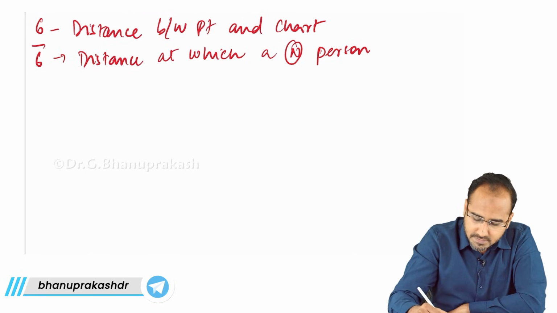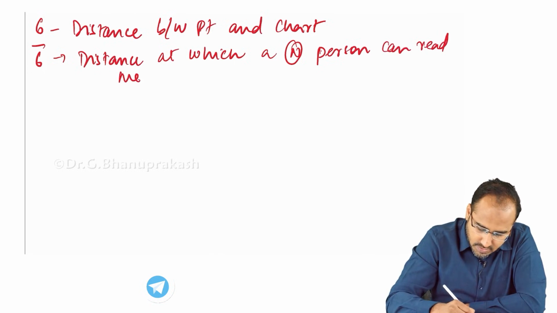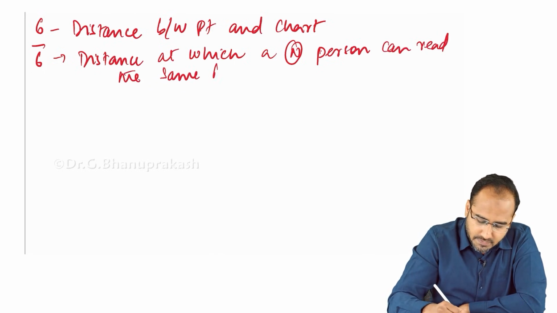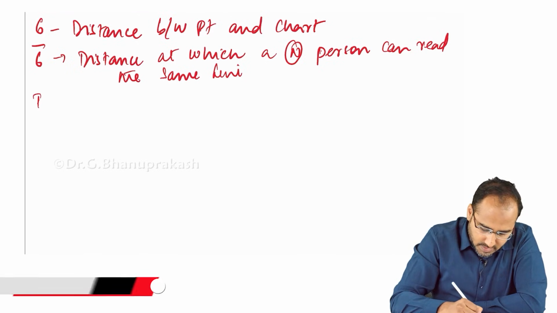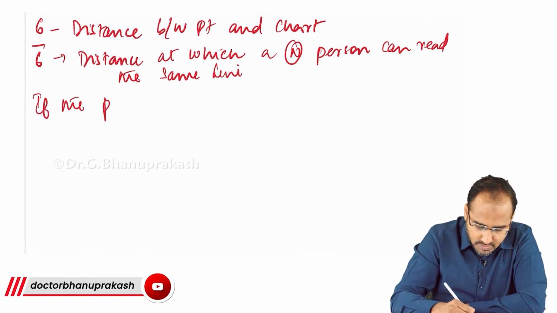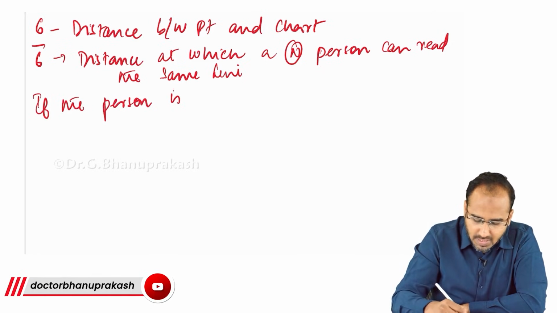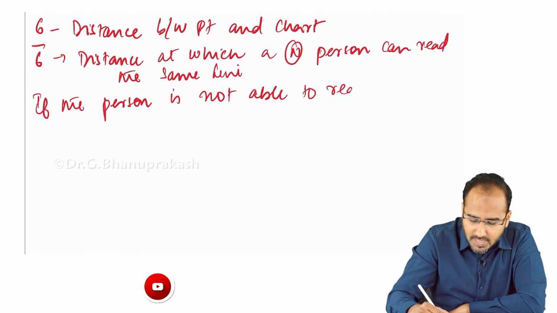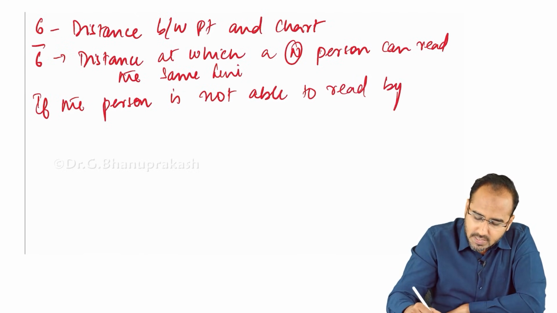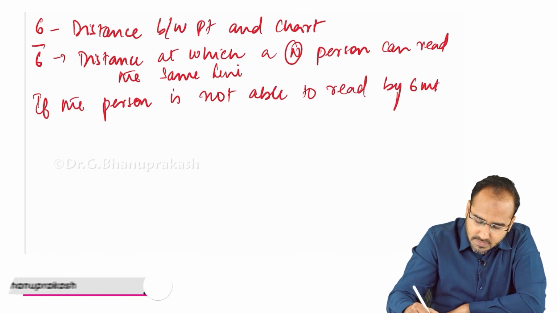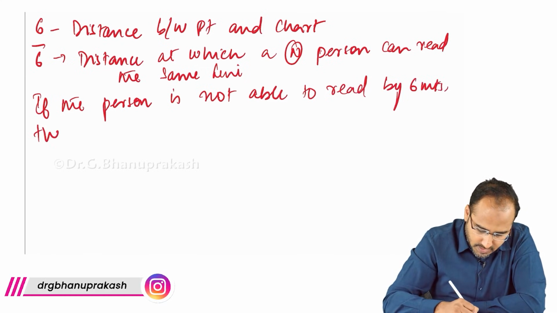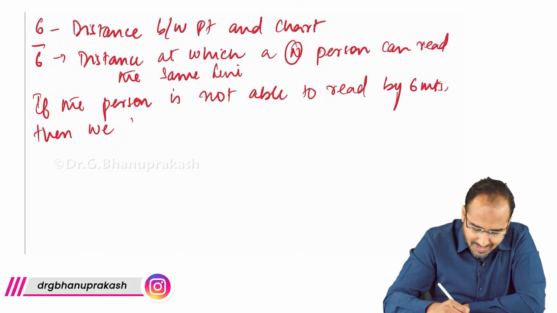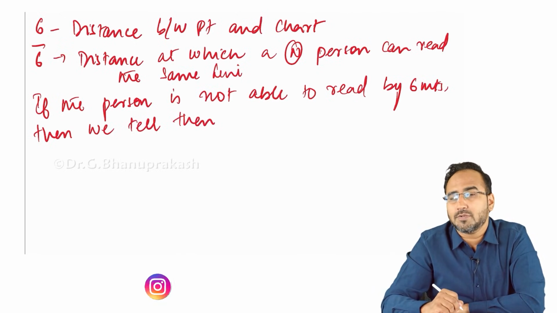A normal person can read the same line. If the person is not able to read at 6 meters, then we tell them what?